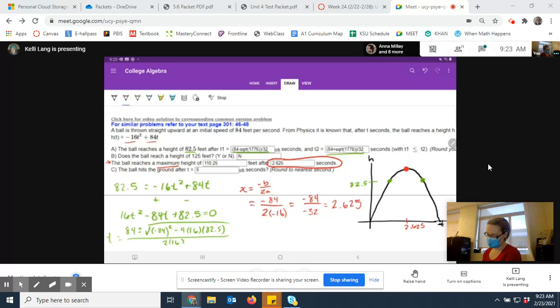When we're going to plug in to find h, we'll plug our t value in, which now is more obvious, is about 2.6. So when we plug that in, negative 16 times 2.625 squared plus 84 times 2.625.